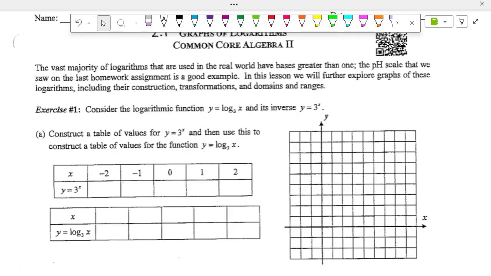Domain for an exponential is always going to be what? Open up your journal and look back at it. It's in that foldable that we did. What is always the domain of an exponential function? Right, negative infinity to infinity, or all real numbers.